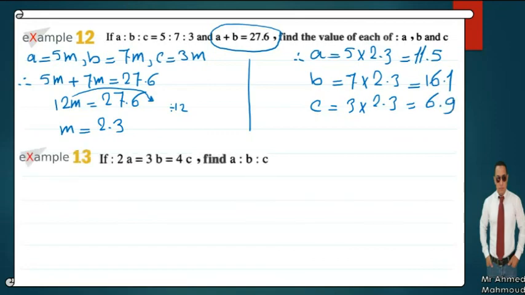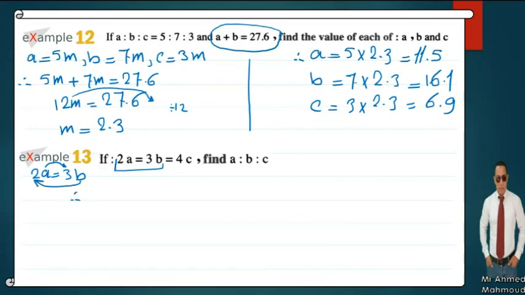2a equals 3b equals 4c. Find a to b to c. Okay, I will make them two equations. The first one, 2a equals 3b. a takes 3 and b takes 2.